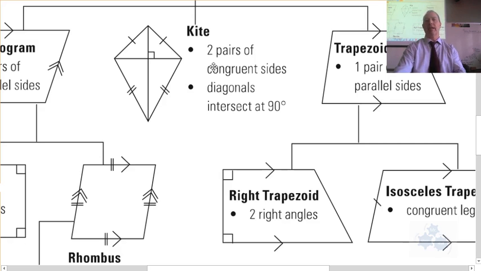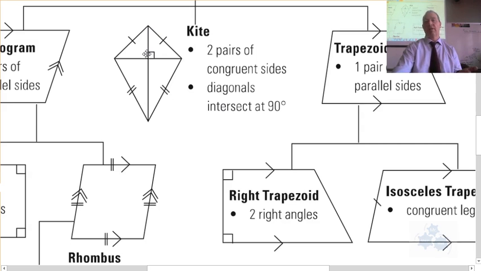Let's just take a look. We have 2 pairs of congruent sides. I think a diamond would be more like a rhombus, where all the sides would be the same. I think a kite would be a little different than a diamond. The kite has 2 pairs of congruent sides, and the diagonals intersect at 90 degrees.